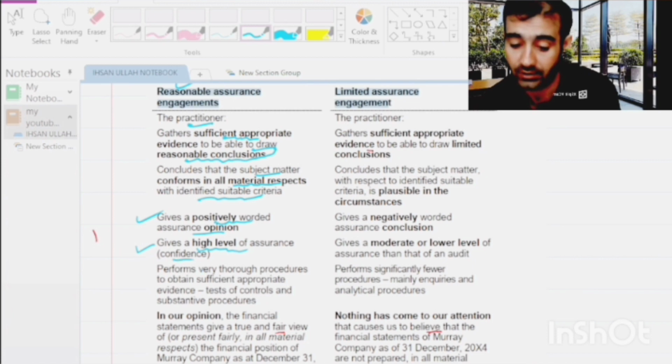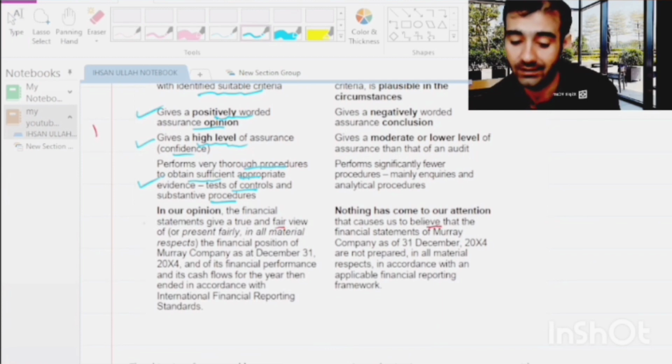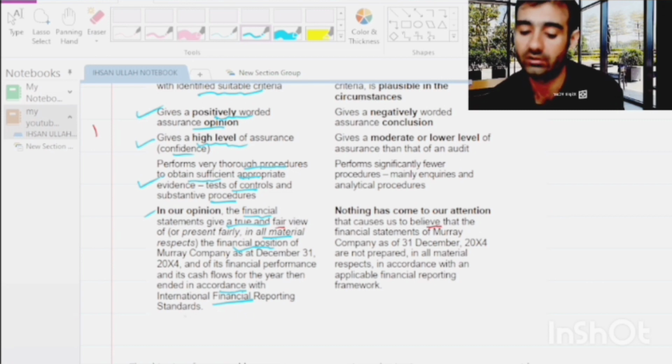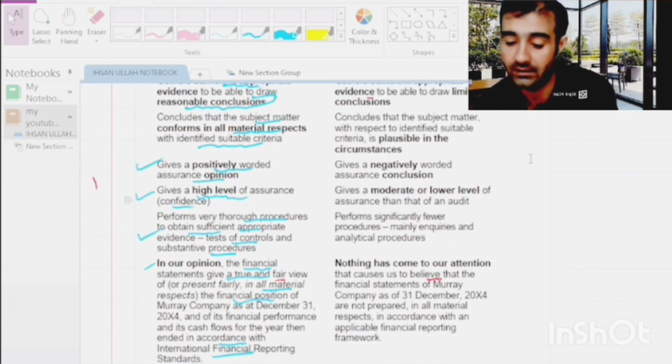It's a high level of confidence. They perform thorough procedures, meaning very detailed procedures like tests of control and substantive procedures. And how do they state the opinion? In the opinion they state that the financial statements give a true and fair view in all material respects of the financial position of this company, its financial performance and its cash flow, in accordance with the International Financial Reporting Standards.